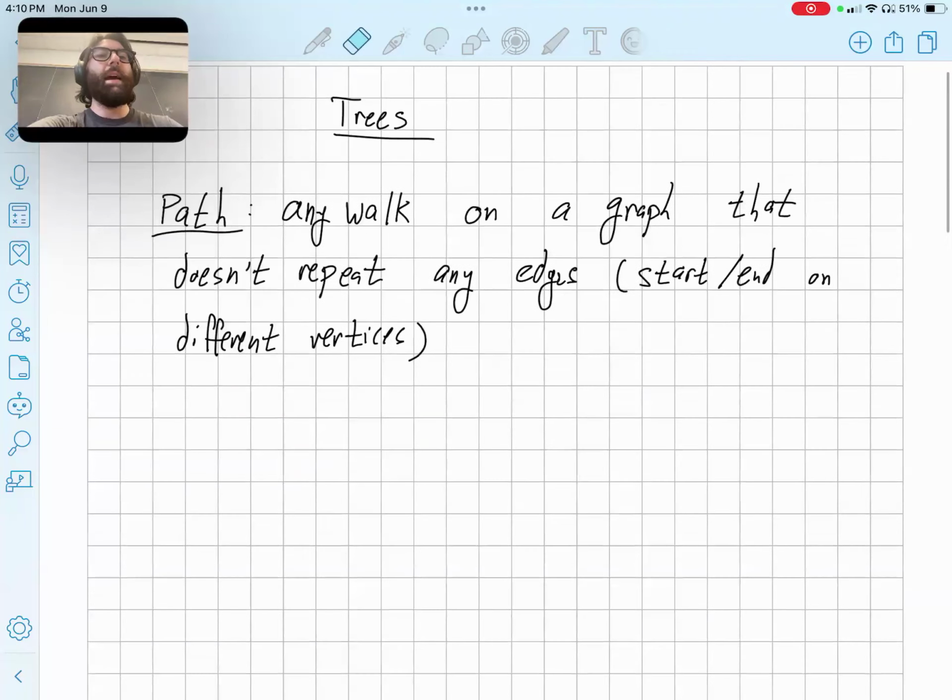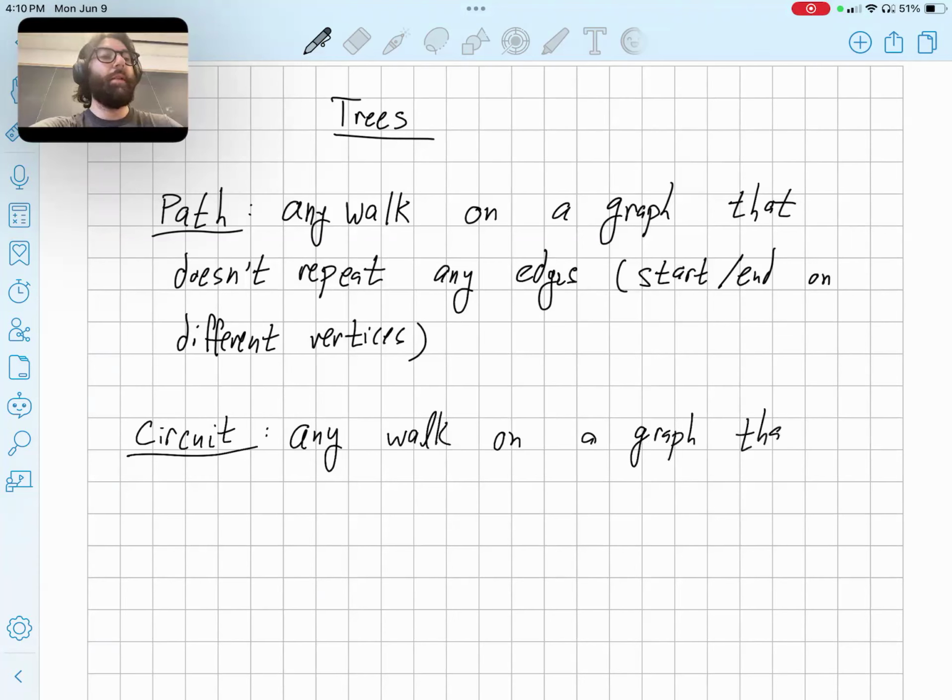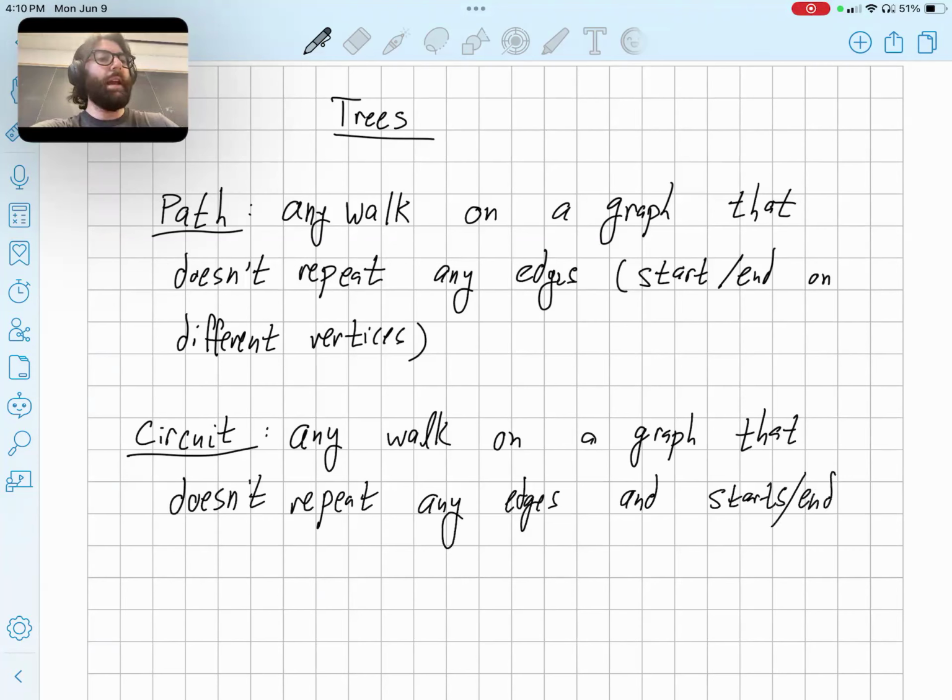And then along with path, we have circuit. This is any walk on a graph, almost the same definition, that doesn't repeat any edges and starts and ends on the same vertex.